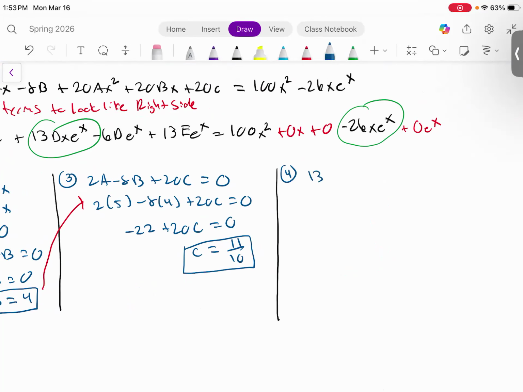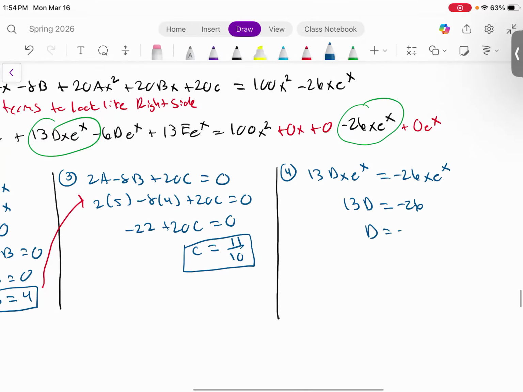It would be 13 dx e to the x equals negative 26x e to the x. So we're equating coefficients, right? Both of these terms have x e to the x, so this would just be 13d equals negative 26. And so dividing by 13, we get d equals negative 2.